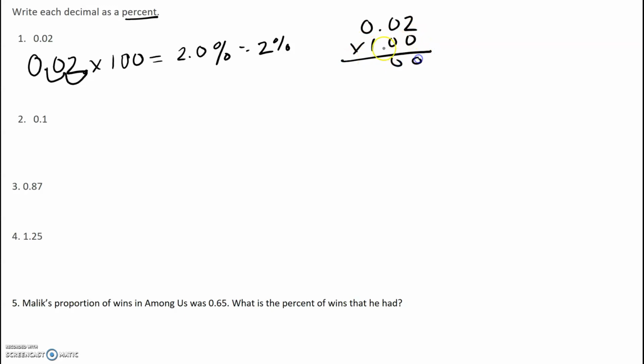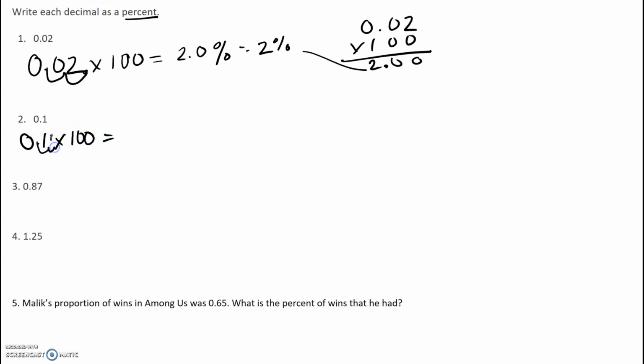I don't need to do my zero multiplications because I know that's all 0. 1 times 2 is 2. I have 2 decimal places. I got the equivalent.